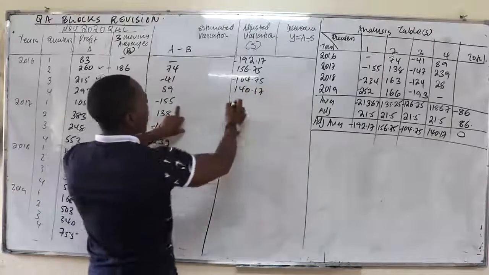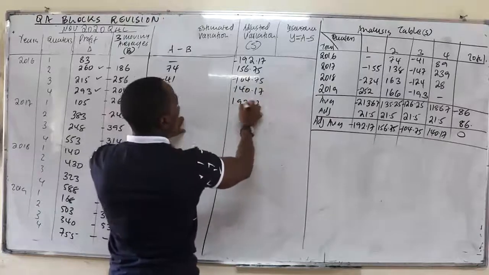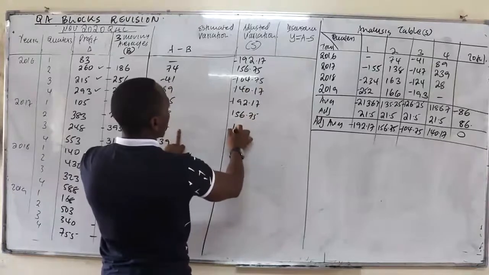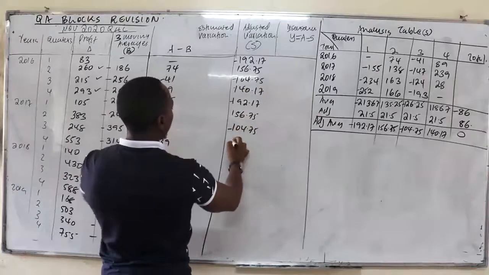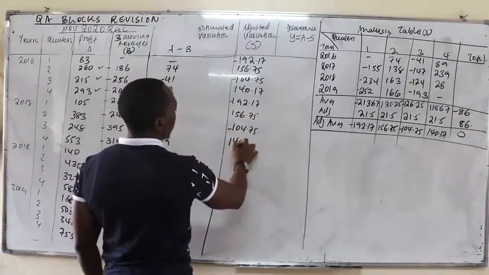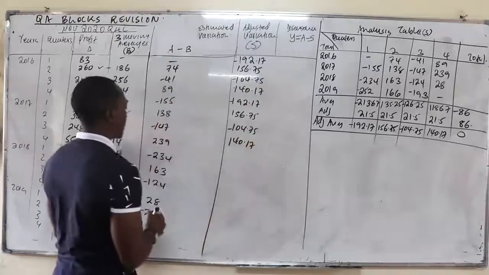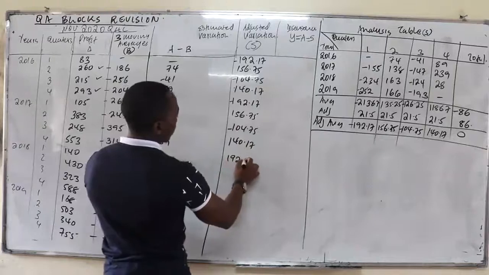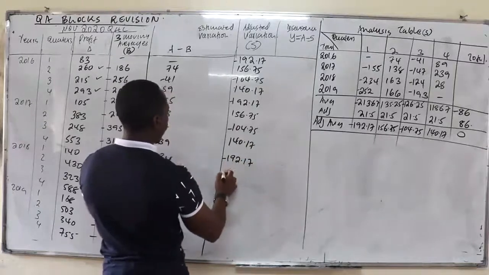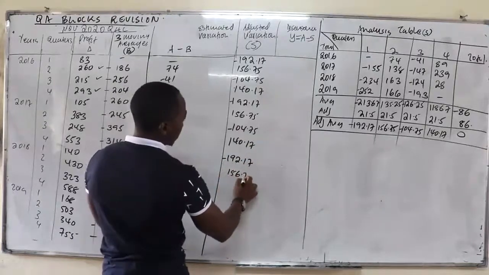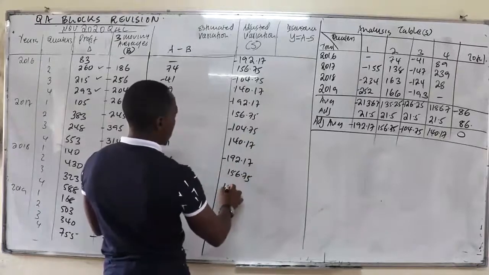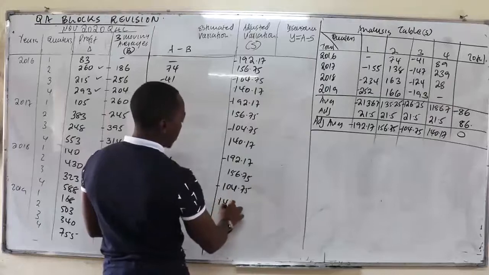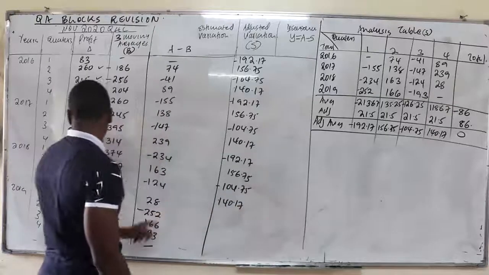Quarter one starts again, 192.17 negative, 156.75, negative 104.75, and then quarter four we have 140.17. So quarter one again, 192.17 negative, 156.75, 104.75 negative, and quarter four it's 140.17.